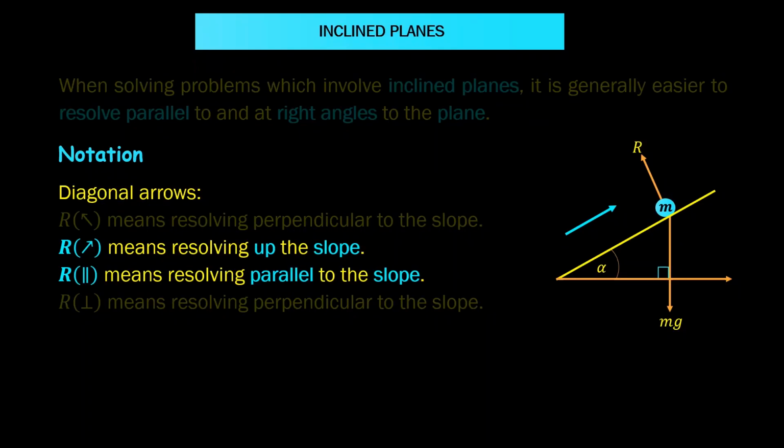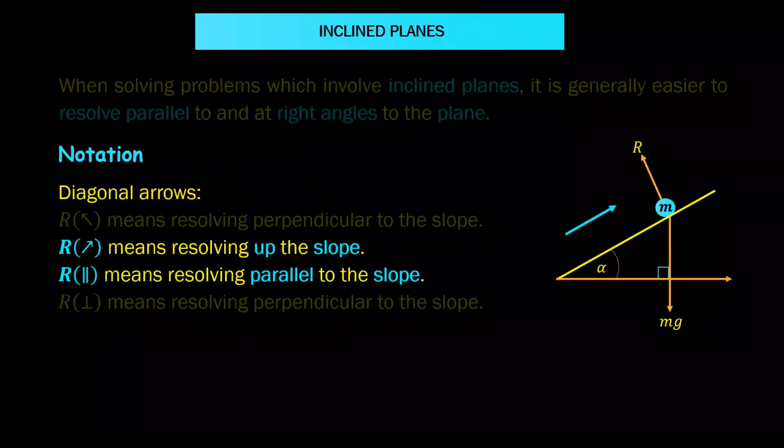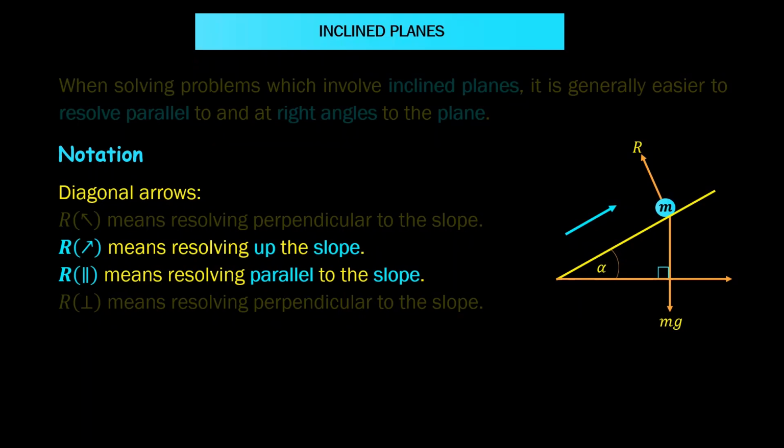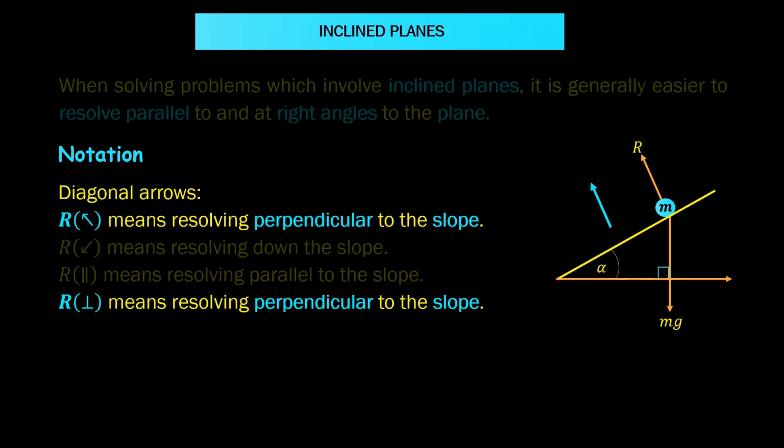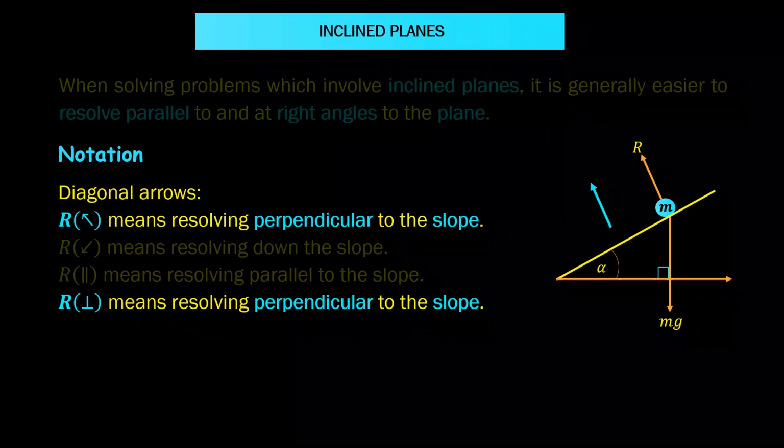R with a diagonal upward arrow means we're resolving up the slope. Similarly, if we have a diagonal arrow in the perpendicular direction to the slope, it means we're resolving perpendicular to the slope. And similarly, the perpendicular symbol also means the same thing.